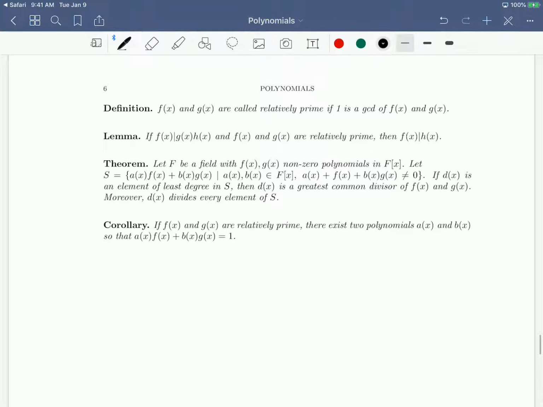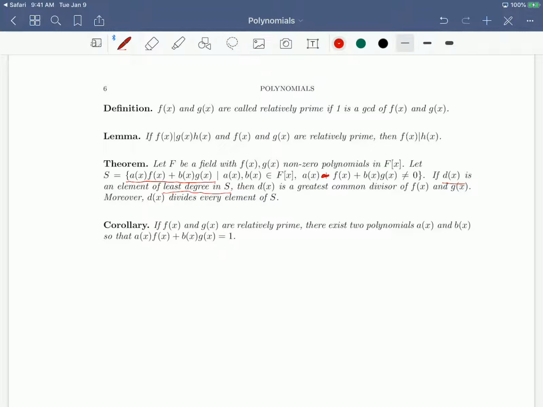The theorem is one that should feel really familiar too. It's very similar to something from Chapter 1. This was another way to characterize the greatest common divisor. If we have two polynomials, f and g, we define this set S of all linear combinations of f and g, a times f plus b times g, where a times f plus b times g is not the zero polynomial. So we take all the linear combinations that don't give us 0, and we choose a d out of that set of least degree.